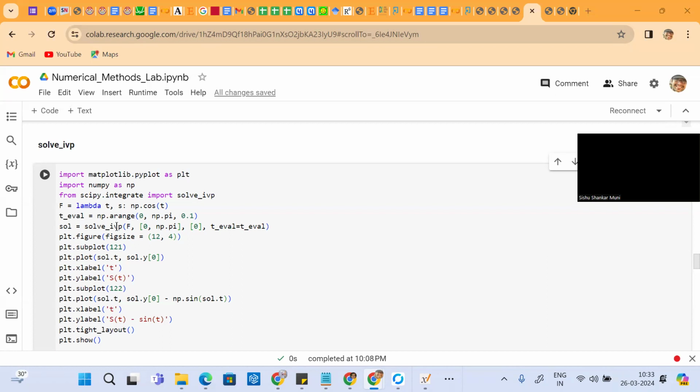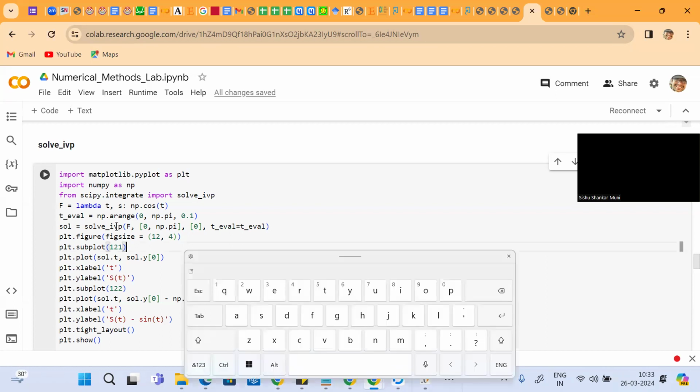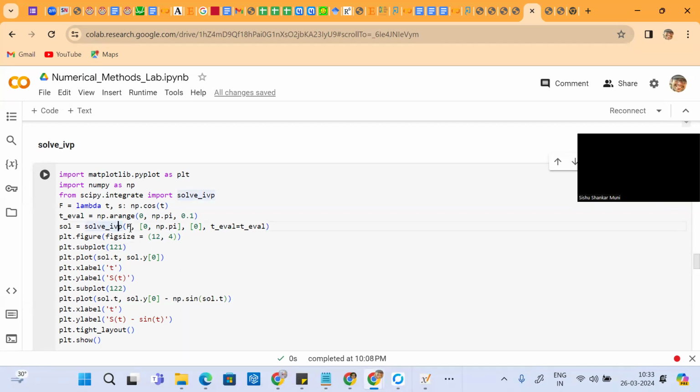Same as odeint. Are you seeing the common things? So solve_ivp, then f is the right side of the function, then your time span, then 0 is the initial condition. And t_eval equals t_eval.